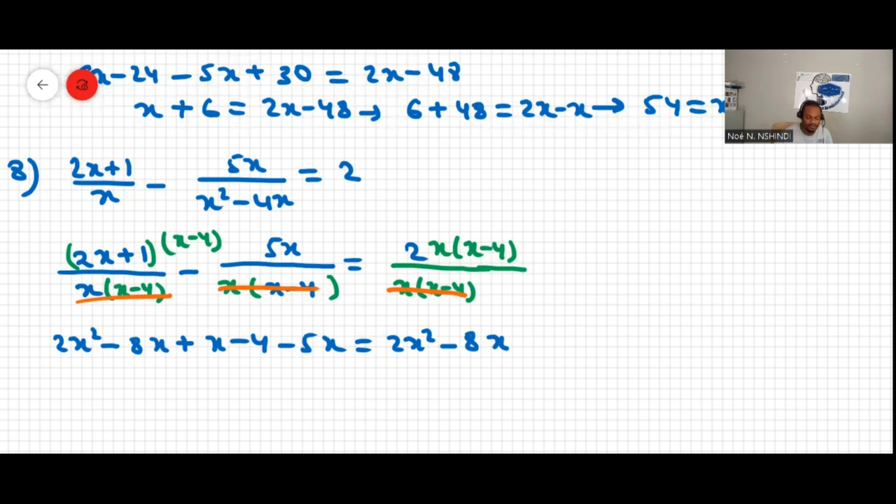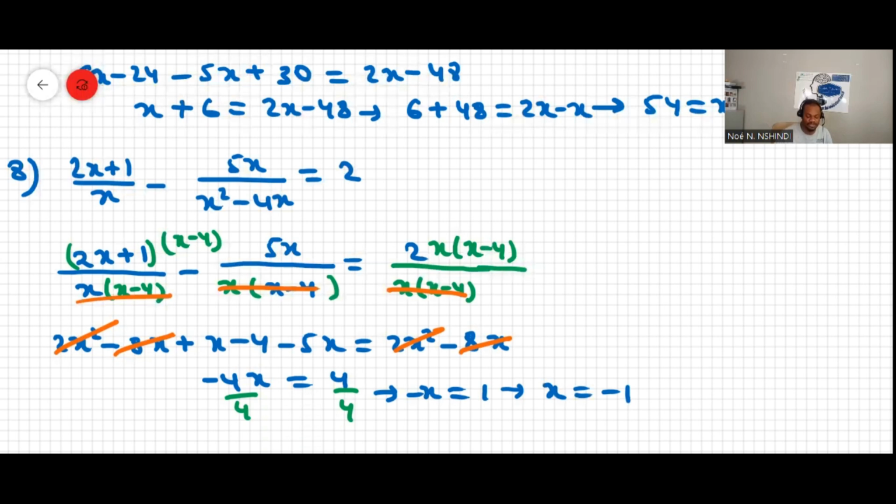Then we can simplify this and that, over here, x minus 5x makes what? Negative 4x. And then I move this negative 4 over, it's equal to 4 there. And then if we divide both sides by 4, we have negative x is equal to 1, which means x equal to negative 1.